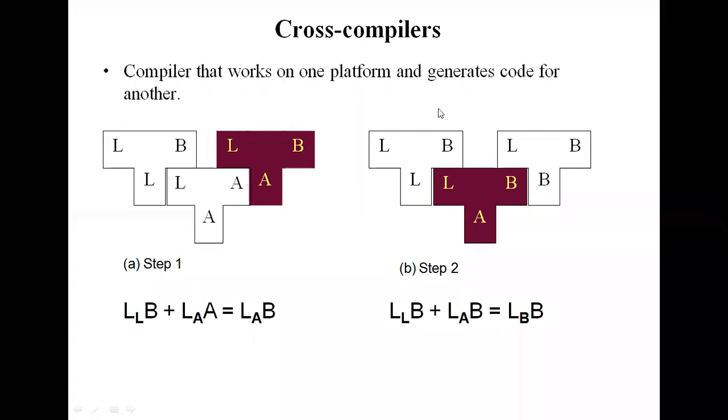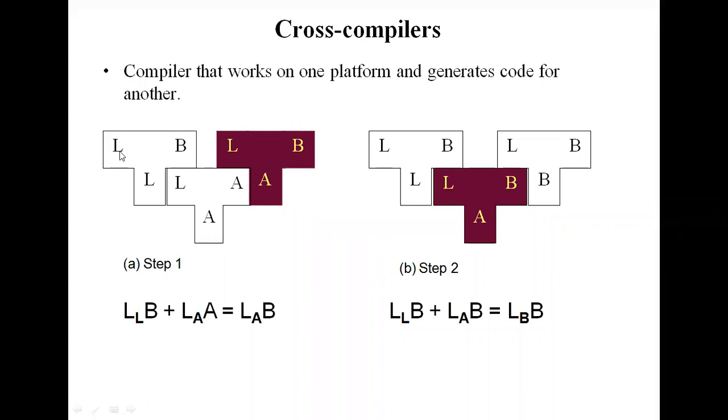But while coming to cross compilers, we write the code in one machine and execute or generate the code in another machine. Writing the code in one machine and generating the code in another machine, that is nothing but a cross compiler. See, compiler 1 and compiler 2: compiler 1 plus compiler 2, the output that I am going to execute is in another machine.